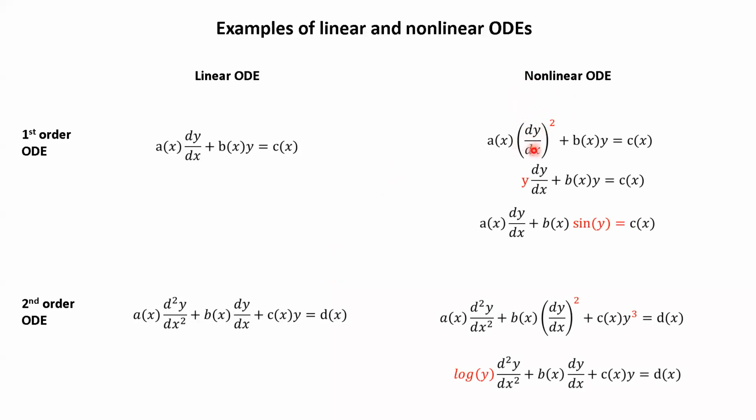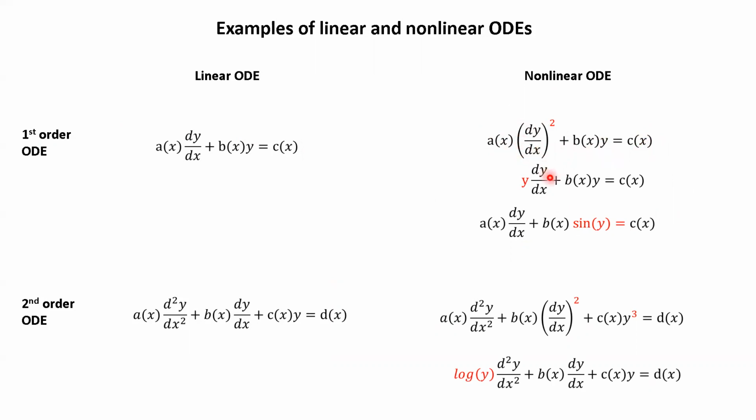In this case, if I consider the first order ODE but nonlinear, then these are some examples. As I said, if this is not dy/dx but (dy/dx) squared, this will make the whole thing nonlinear.